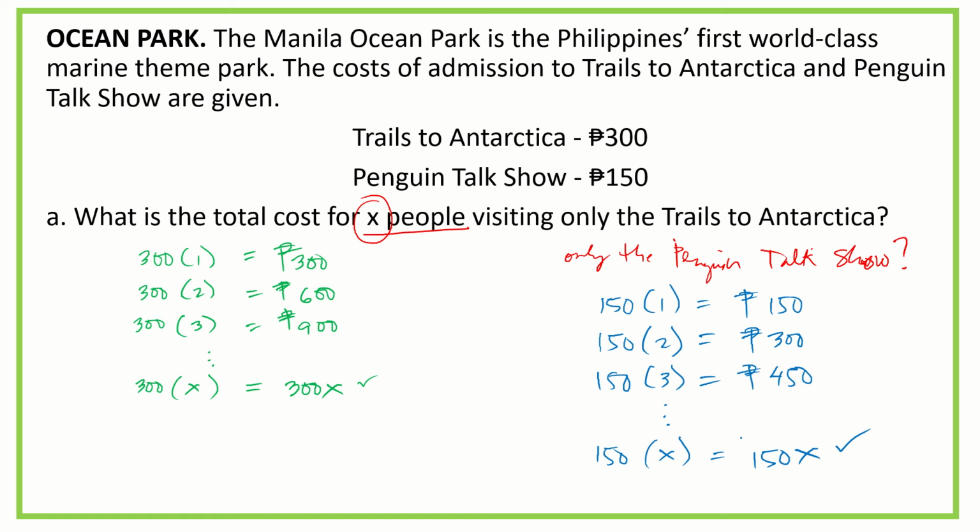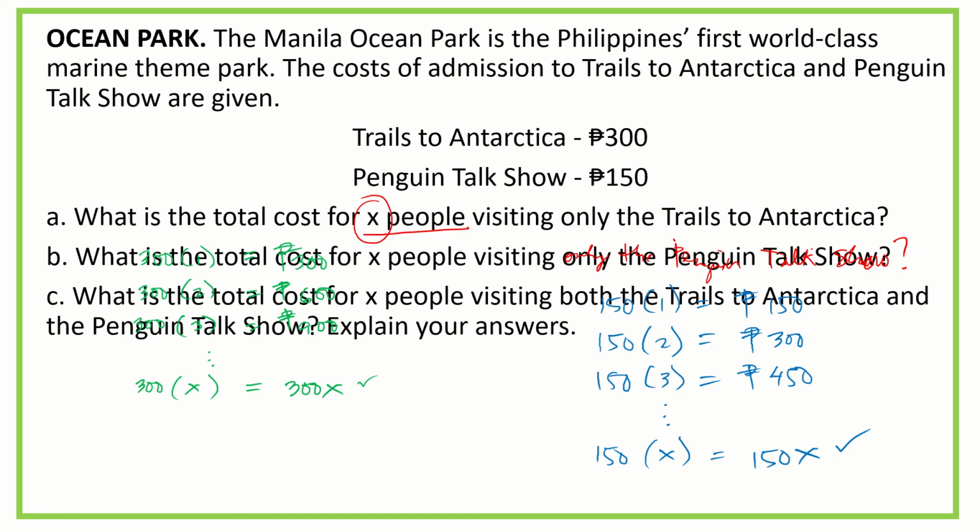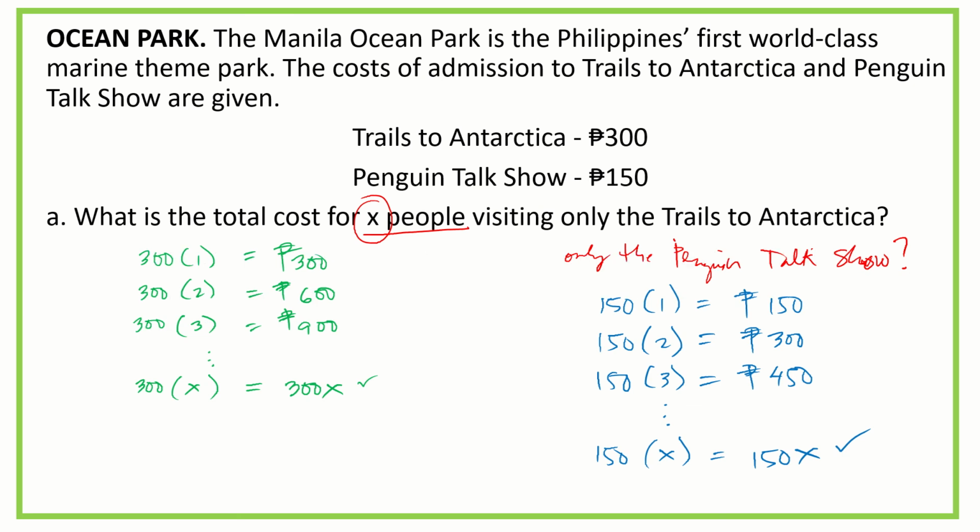Now, this would be our last question. What is the total cost for X people visiting both the Trails to Antarctica and the Penguin Talk Show? In other words, I will put a marking here. This is B. And the C now is what if it's both.